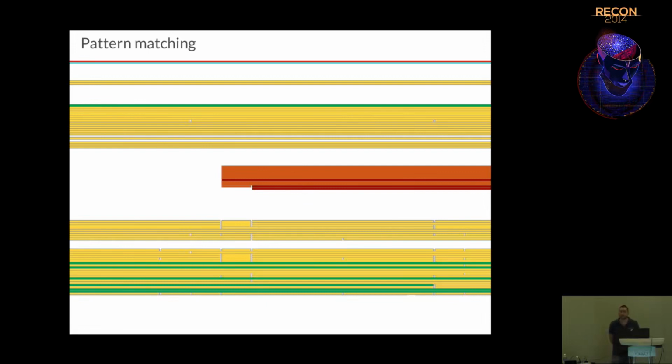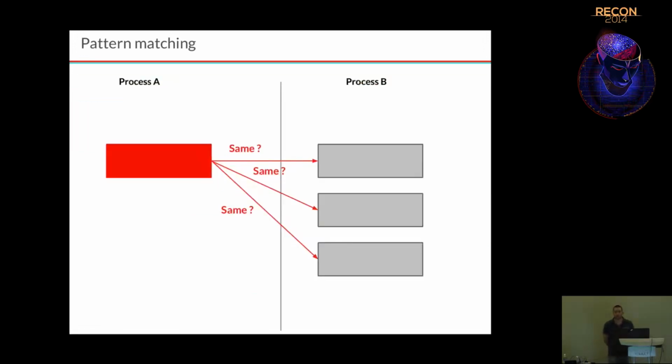That looks interesting, and we of course want to know what it is and where it comes from. So here is the pattern matcher. We have a source memory region, and we try to match it in every address space of every process, so in the whole memory trace.